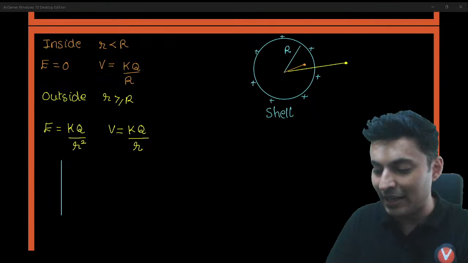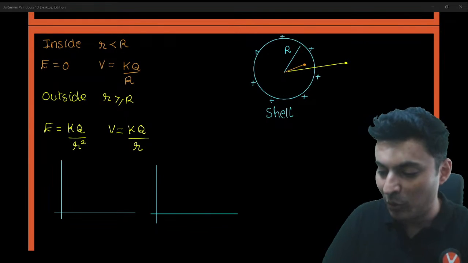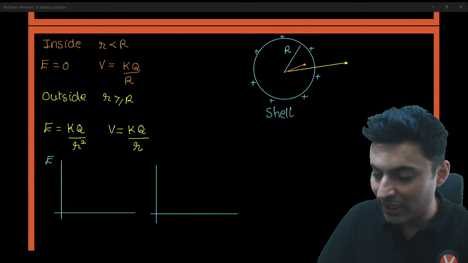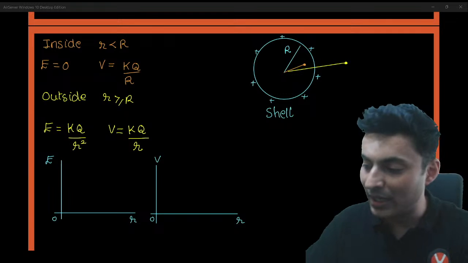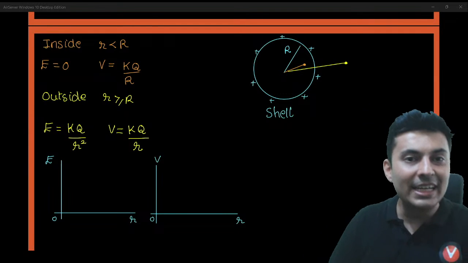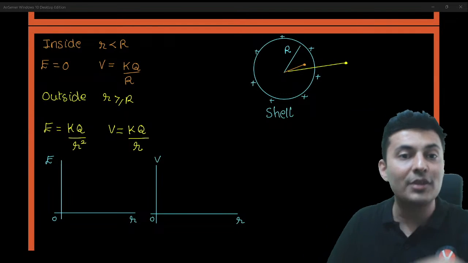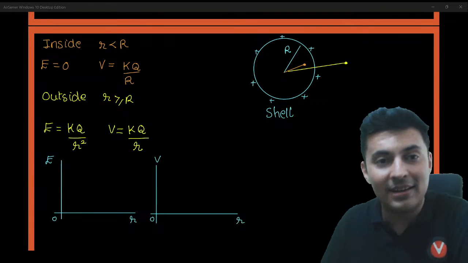So now let's try to actually draw the graph of both the potential and the field versus r. How will this graph look? See, for the field it is 0 while you are inside, and as soon as you go outside it becomes 1 by r square.